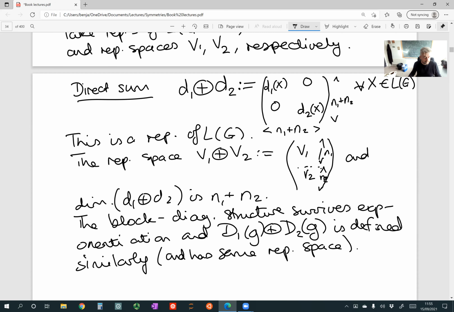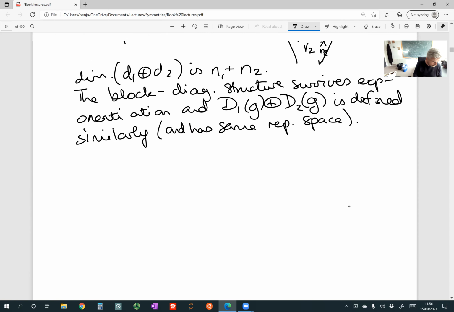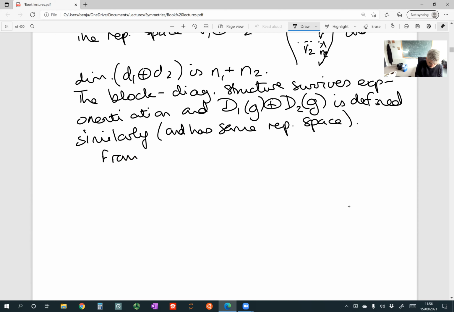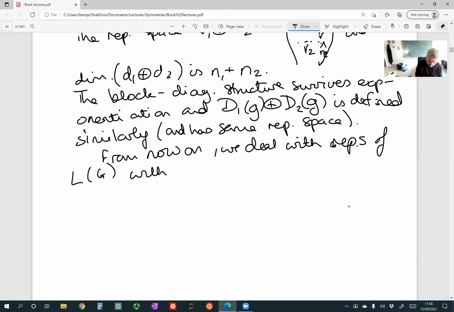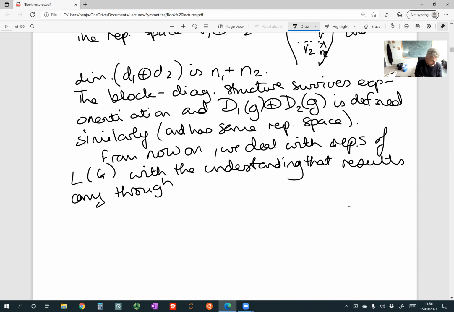So from now on in this section, we're going to deal with reps of the Lie algebra, with the understanding that the results carry through to reps of G via exponentiation.